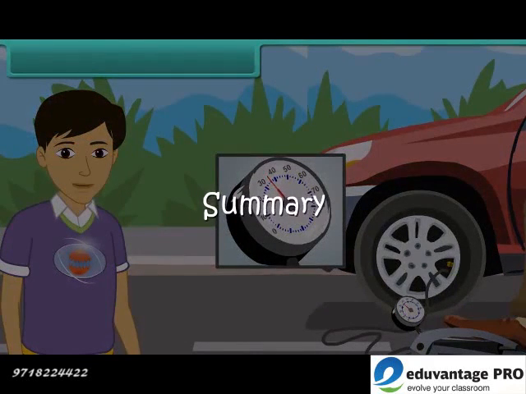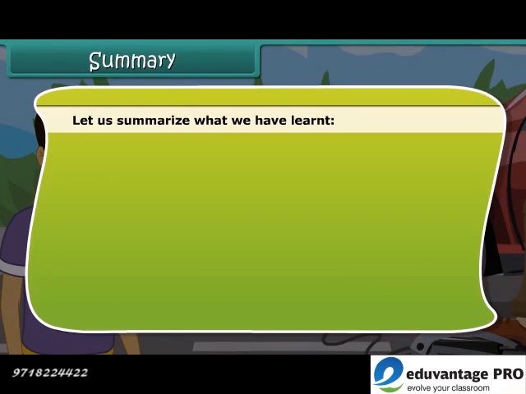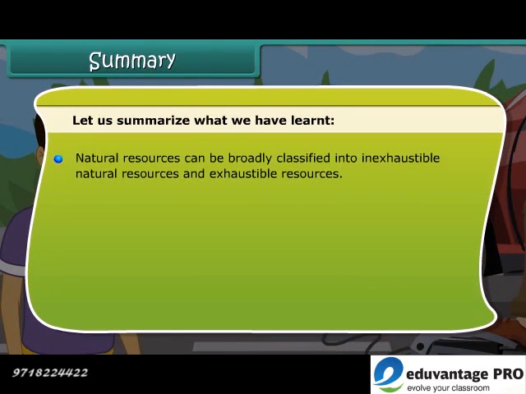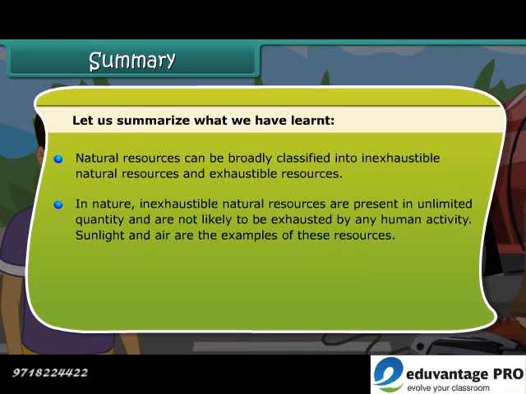Summary. Friends, let's summarize what we have learned so far. Natural resources can be broadly classified into inexhaustible and exhaustible resources. In nature, inexhaustible natural resources are present in unlimited quantity and are not likely to be exhausted by any human activity.